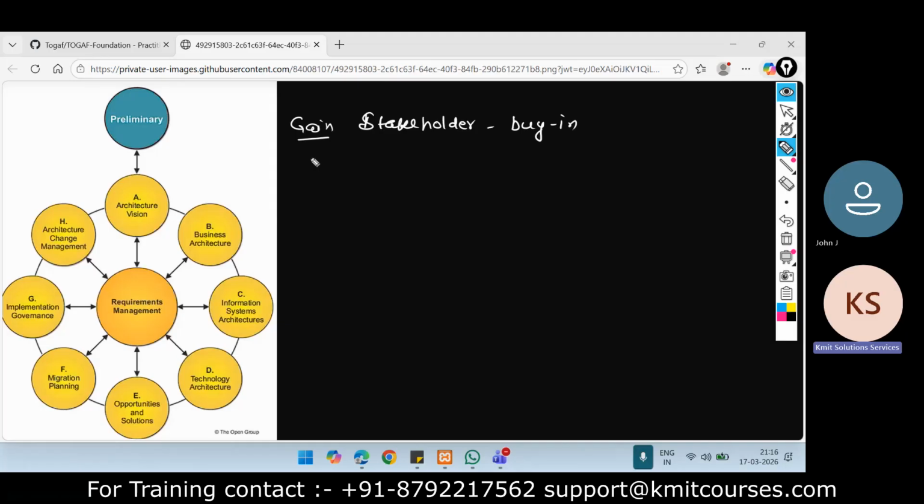Whatever business processes you have, you need to understand the business architecture and business objectives, right? Your action is that you need to understand the business objective, identify the core business processes, and gain the stakeholder buy-in.